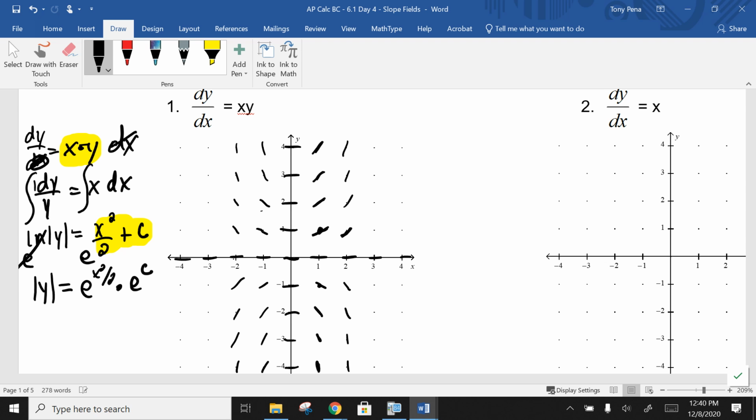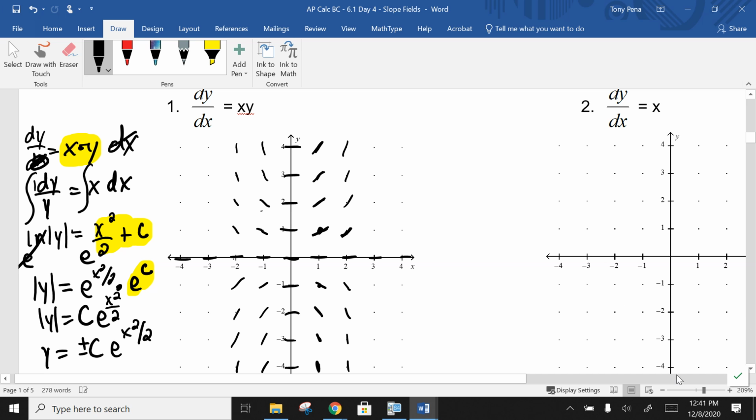We actually want to work backwards from that. e raised to an unknown number just produces a different unknown number. So we're just going to write that as c e to the x squared over 2, and we now know that it's getting multiplied. And then we would know that y could equal a positive or a negative c, whatever we would end up with, times e to the x squared over 2.